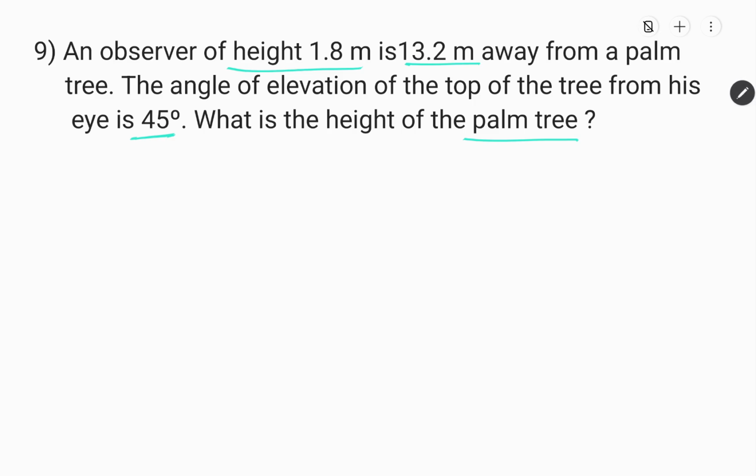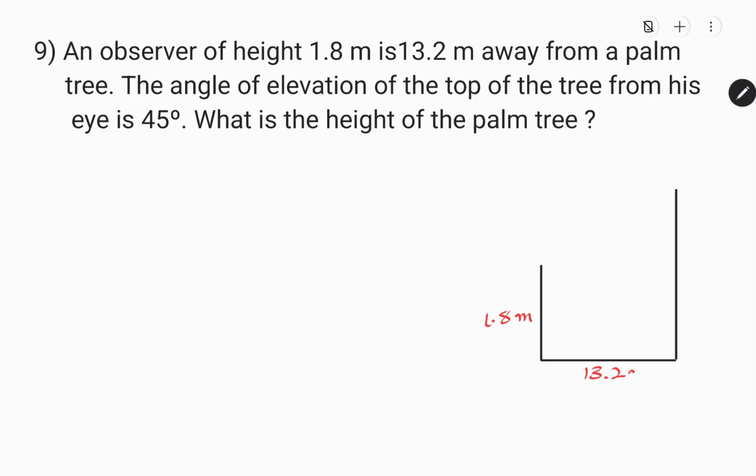Now draw a figure. Now we assume this is a palm tree height. We assume this is height of the boy or observer. Height of observer is 1.8 meters. The distance between observer and palm tree is 13.2 meters.